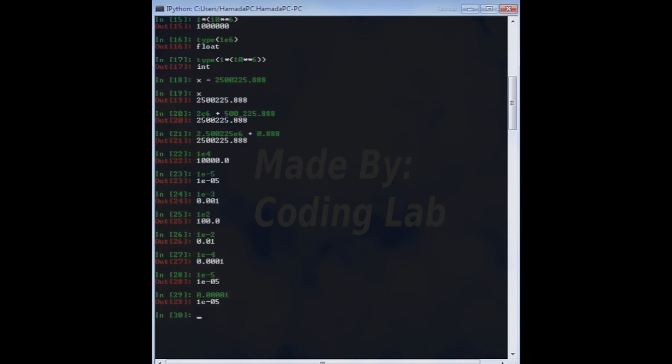It's the same as 1 divided by 100,000. It's the same as 1e-5.